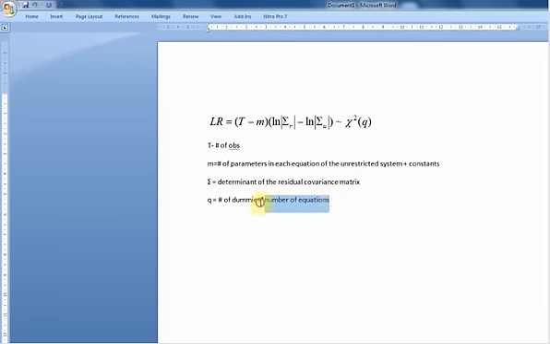The number of dummies I have at the moment is 1. I'm including only one dummy for the whole model, and using it in each of the equations, and I have 4 equations because I have 4 variables, or 4 series basically. So we will now use this formula to calculate the LR test.